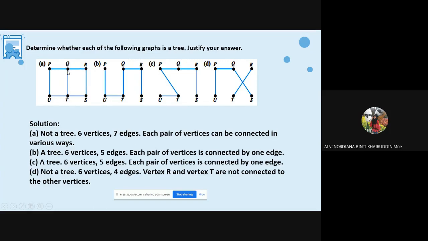Kalau vertex 6, edges dia 5, itu 3. Maksudnya vertex tu -1 you dapat edges. Tapi kalau tak dapat, tu bukan 3 lah. So tu the first yang you kena buat dulu. Okay, kira vertex, kira edges. Lepas tu baru tengok dia connected ke tak. Okay.